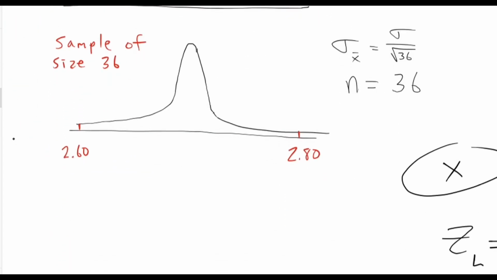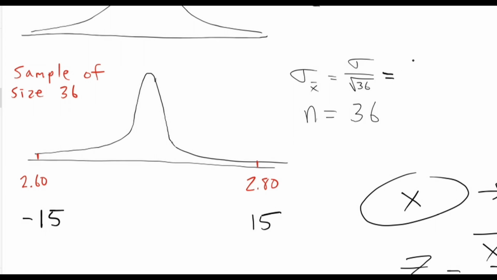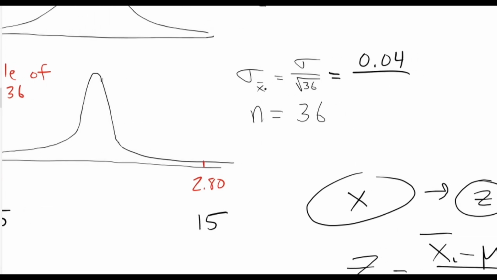Keep in mind that those are z-scores. 15 standard deviations below the mean and 15 standard deviations above the mean is what we're talking about. So you could go back to the app, the StatBook, but you've got to plug in a new standard deviation for your curve.